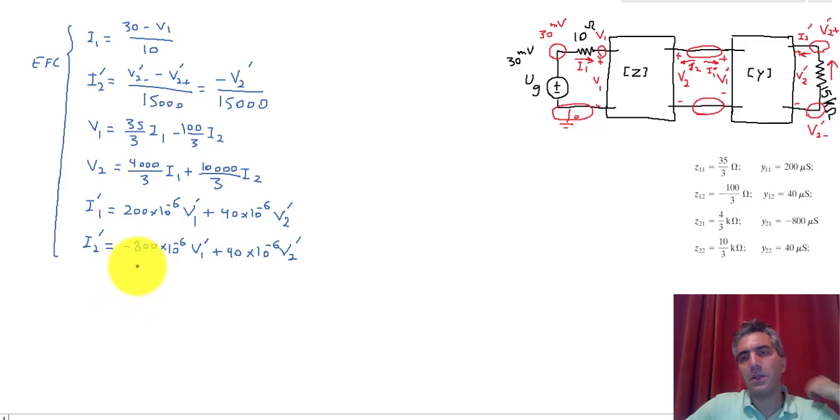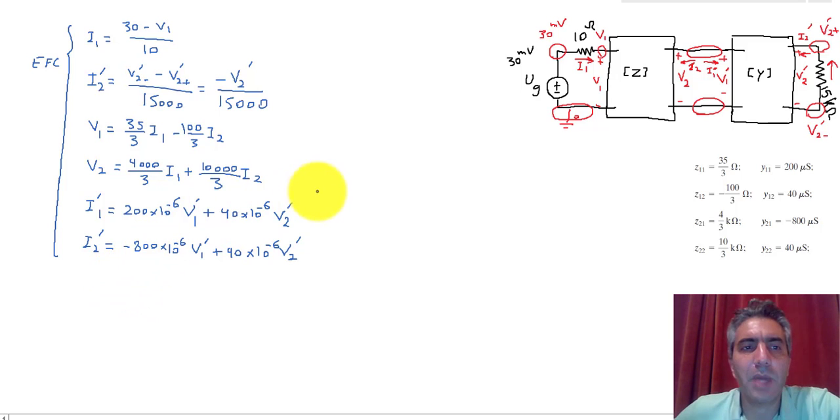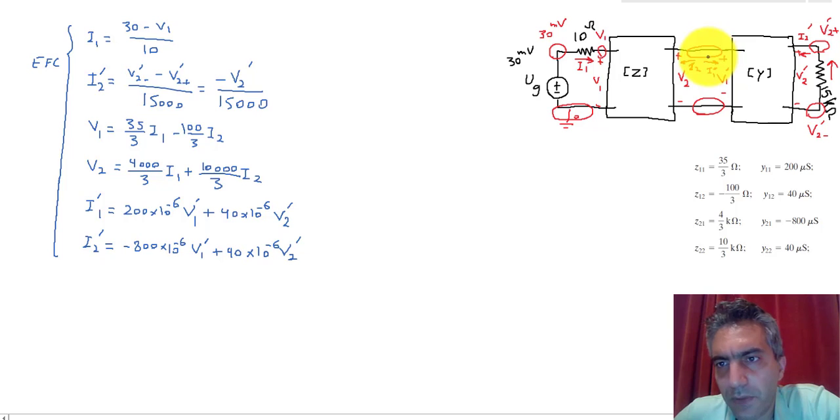Now after this, the only thing that we have to rectify is that the definitions we have require clarification. For example, for this node that I defined, I can actually write a KCL or just realize that I2 plus I1 prime is equal to 0, or in other words, they are opposite of each other. So I'm going to add that equation down here.